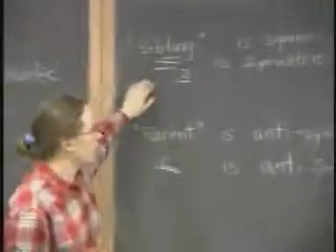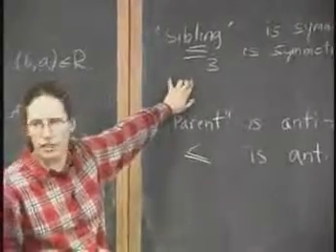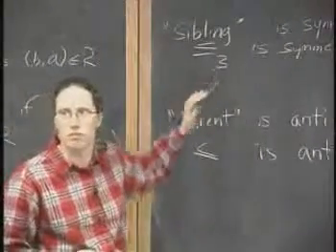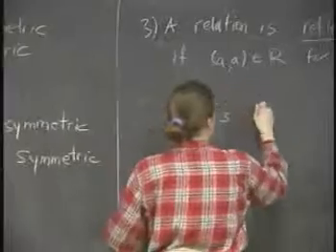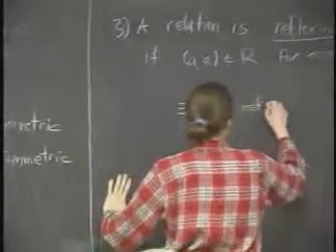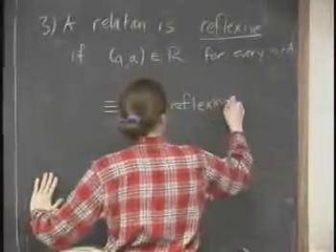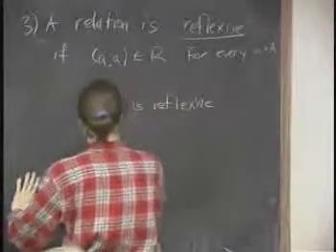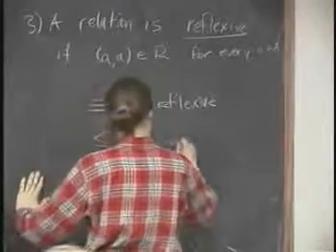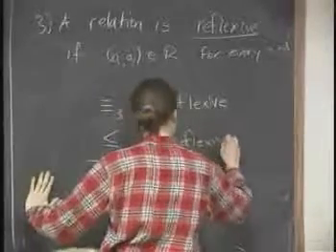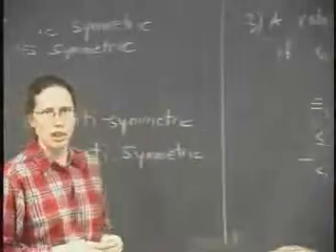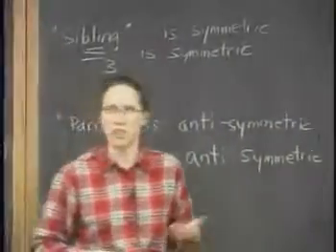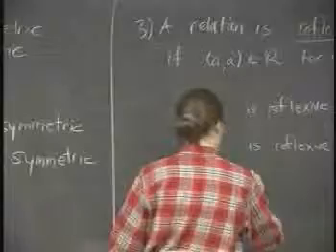I guess equivalence modulo 3 is reflexive because a number has the same remainder as itself, modulo 3. So, yeah, and so is less than or equal to. So strict less than, that's not reflexive because A is not strictly less than itself.